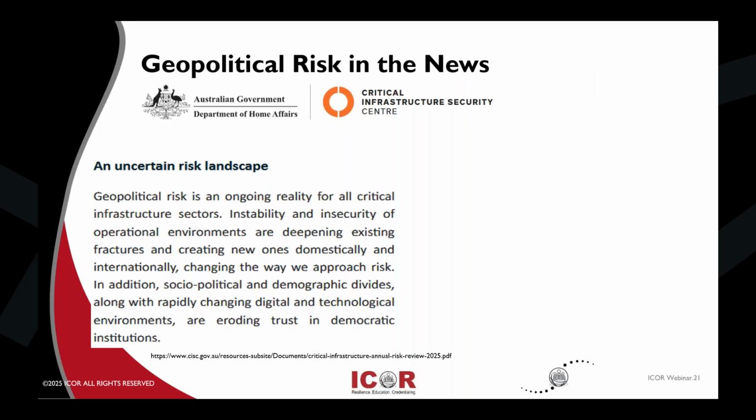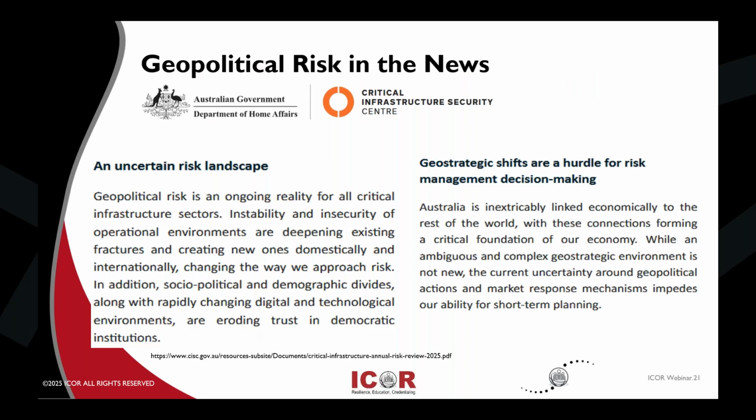And so looking at the fact that there's an eroding trust in democratic institutions, it is compounding the rapid amount of change and the demographic divides that we're seeing. And these geostrategic shifts are really becoming a hurdle. So Australia recognizes that they're inextricably linked economically to the rest of the world, well, we all are, and that these connections form a critical foundation for their economy.